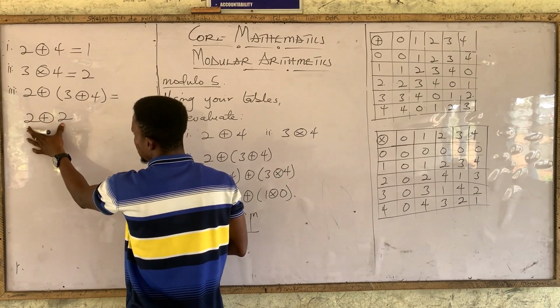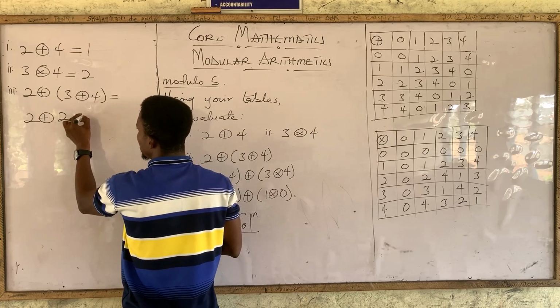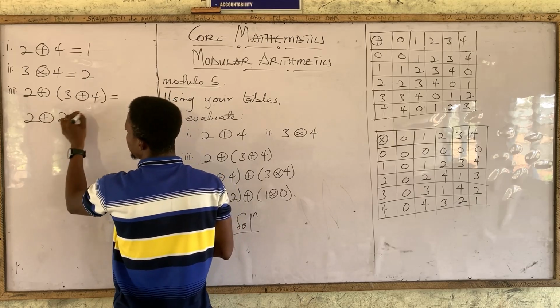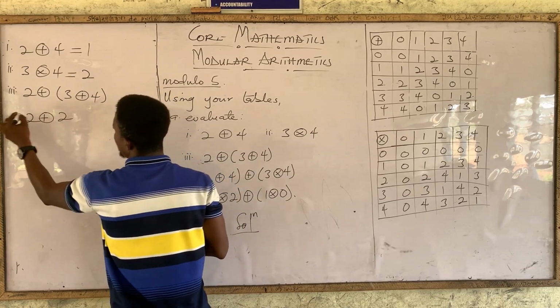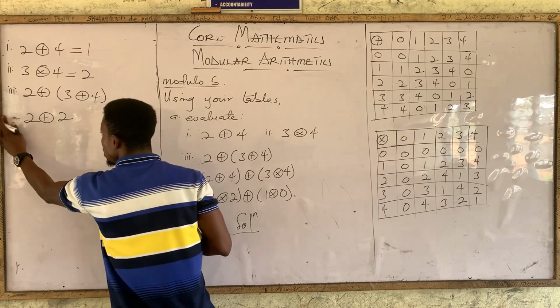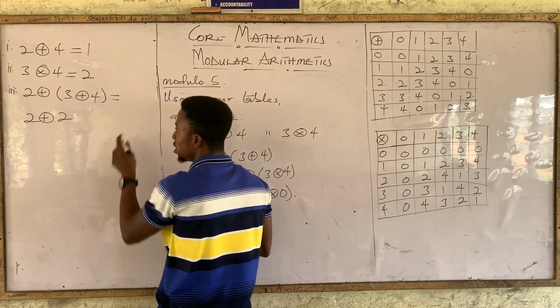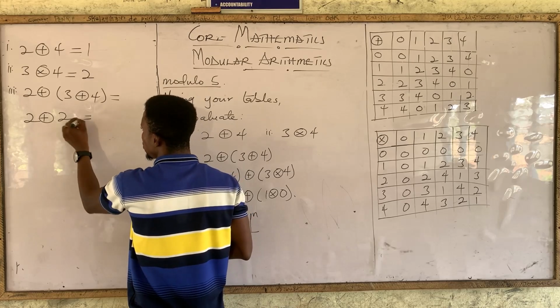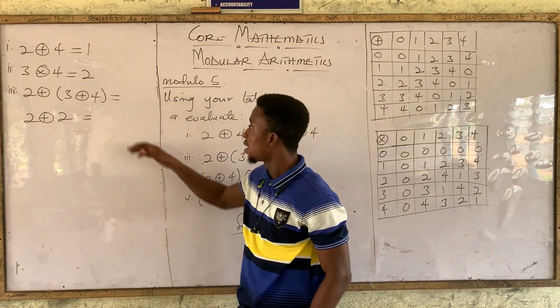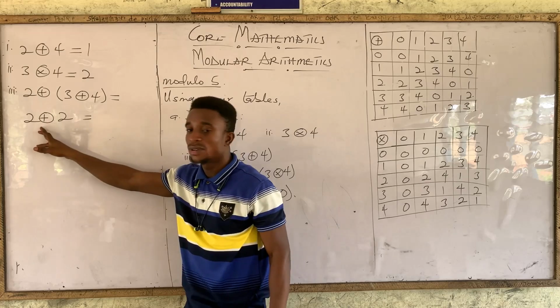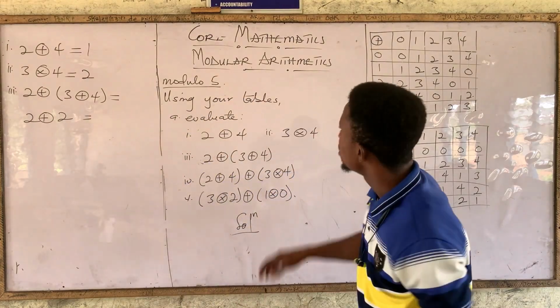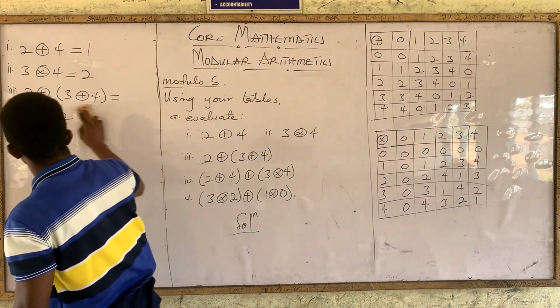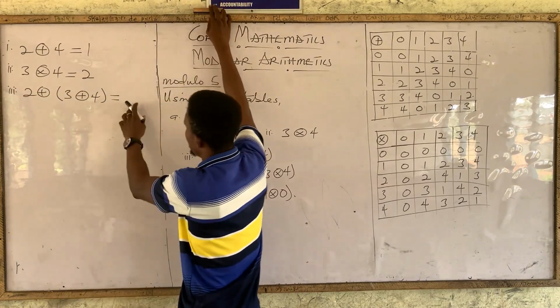Then this is what I'm getting from this. Then I can say this is equal to this, which is also equal to what I'm going to give. Since I don't have space here, that is why I wrote it like this. But I think it will go there.